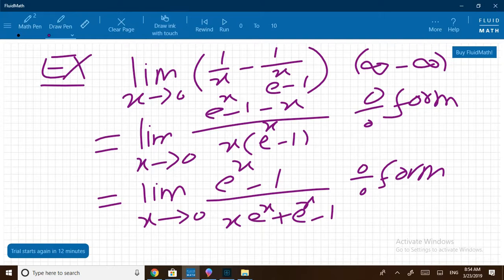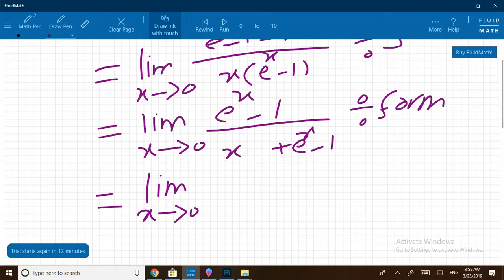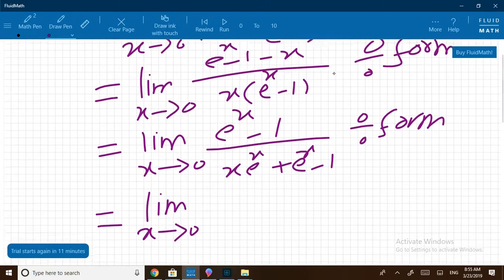Okay, so this means that we will again take the derivative, applying the L'Hopital rule. The limit as x approaches 0, the derivative of e raised to the power x minus 1 is e raised to the power x, and the denominator is x into e raised to the power x.